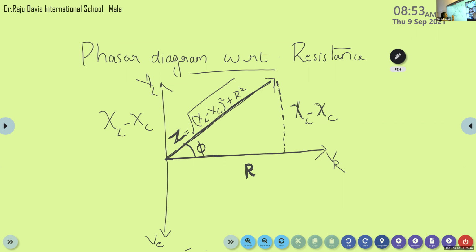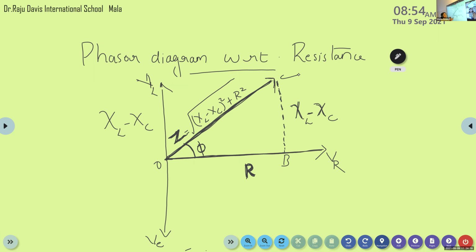Again, we consider the hypotenuse of the same triangle. What does it represent? It represents the total resistance. Here Z also represents the resistance. Impedance is nothing but the resistance offered by the LCR combination. So when we consider this triangle, suppose we give it the name OBC, all three sides of the triangle represent a resistance value.